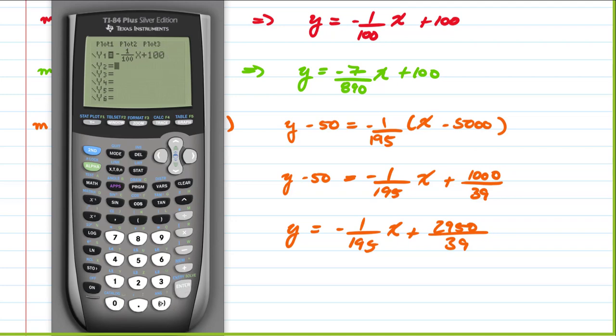Our second one is negative 7 over 890 x plus 100. And lastly, we have negative 1 over 195 x plus 2950 over 39.